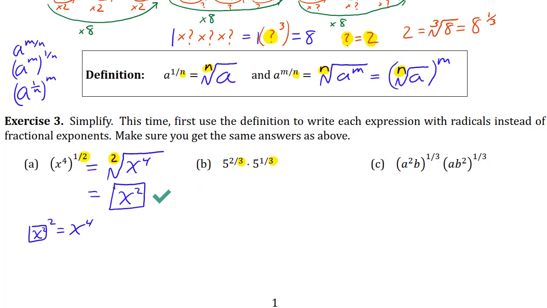We're going to take 5 to the power 1/3, which is a cube root of 5, and then we're squaring that. 5 to the power 1/3 is the cube root of 5 also.